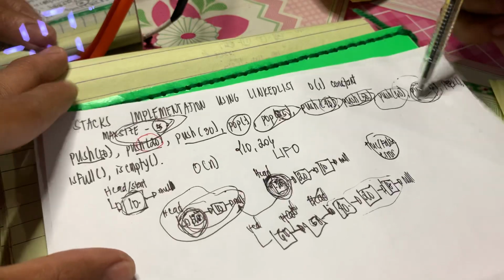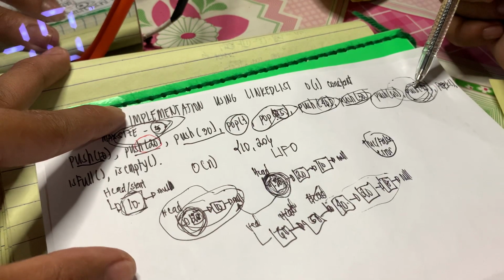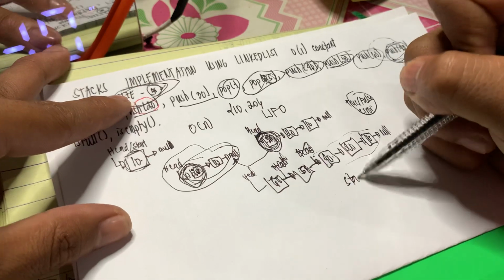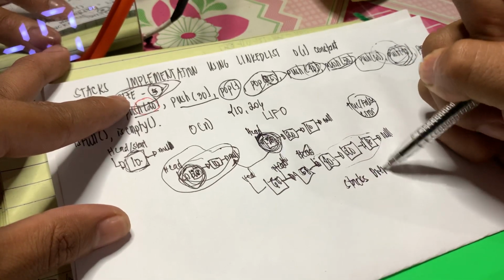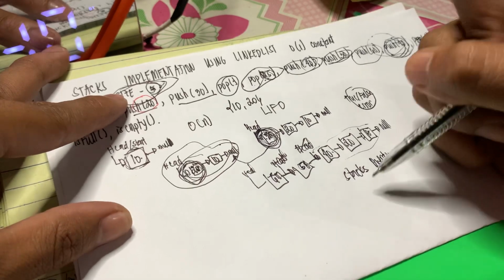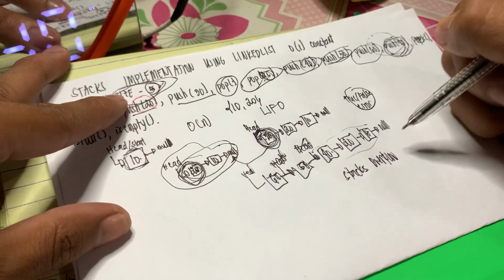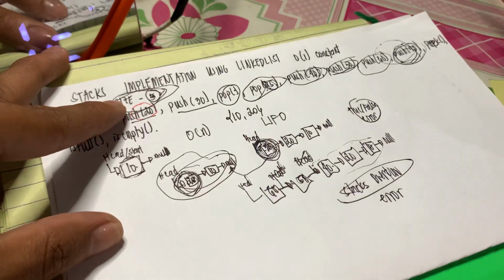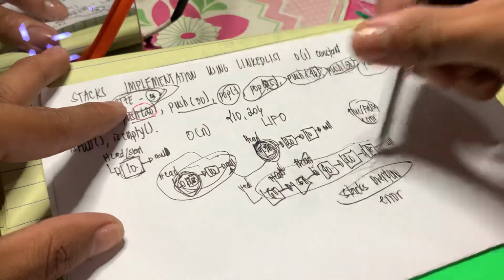So therefore we cannot add the 70. What will be the answer for that? Stack overflow, or error. So let's go back to your linked list.